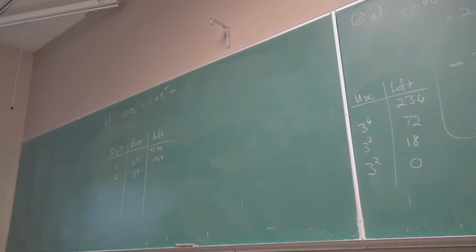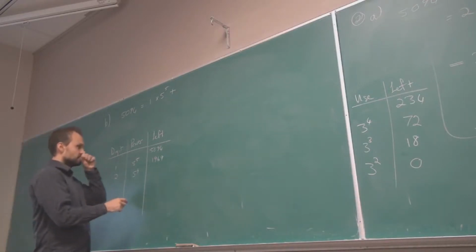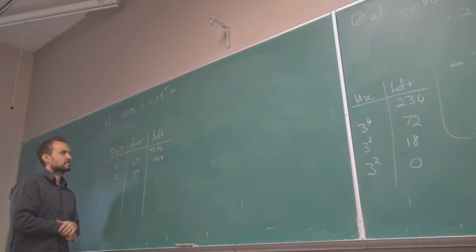It looks like 1,919. I have 1,000 left. Oh, it's probably 4. Never mind. You have 94.